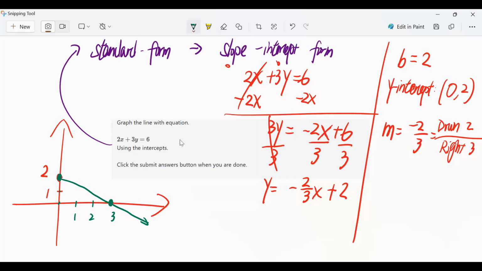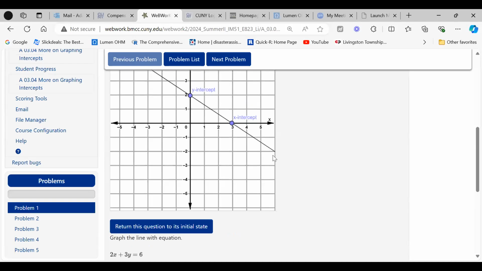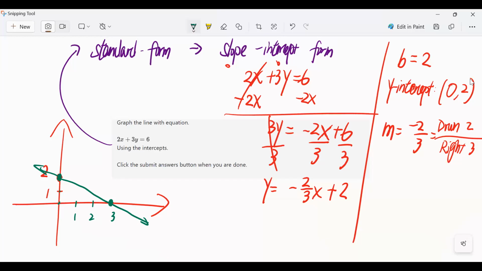It looks exactly the same, right? That's the other one, if we go back. Exactly the same. Go down 2 units, go to the right 3 units, and we get this. Any question about this?